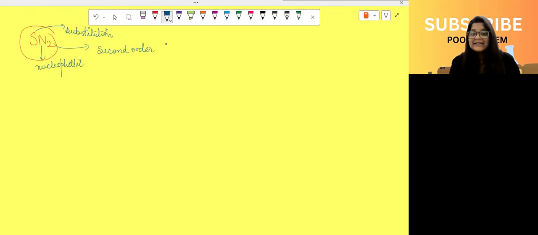That means it is bimolecular. Bimolecular means two molecules are determining the rate of a reaction. Correct? Now, SN2 reactions happen in primary halogenoalkanes.